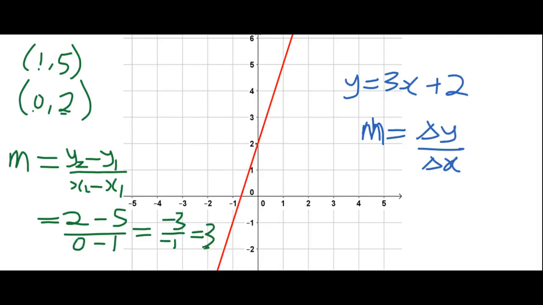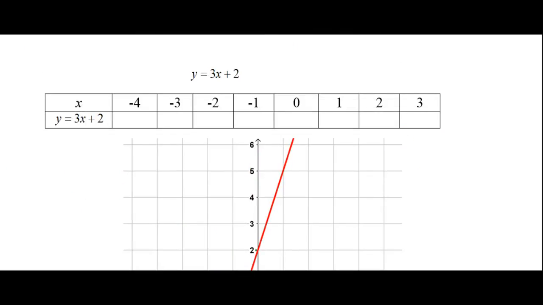What does that mean to us as we study differential calculus? Let's consider this table of values for the same function whose gradient we just calculated. If I select values of x from negative 4 to positive 3, I want to compute the corresponding values of y.